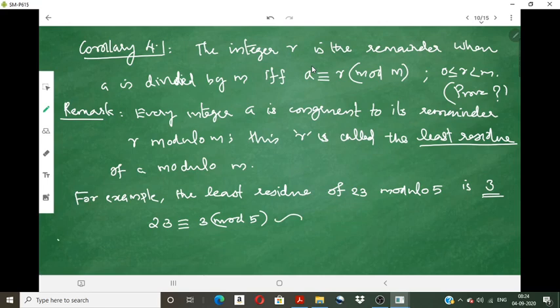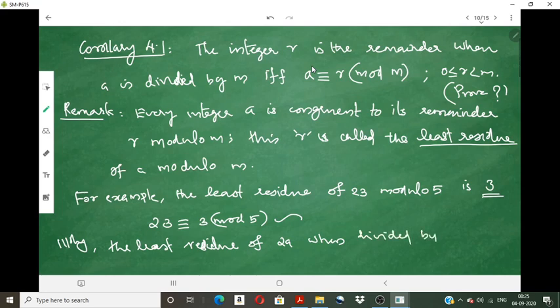And similarly, the least residue of 29 when divided by 8.